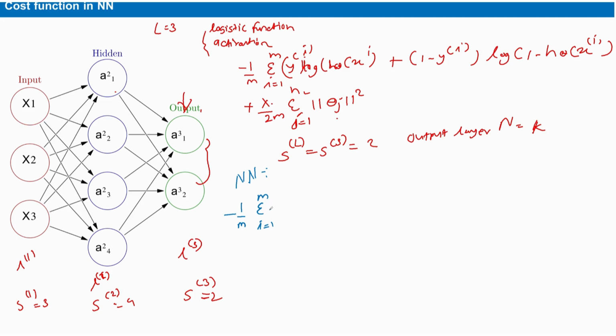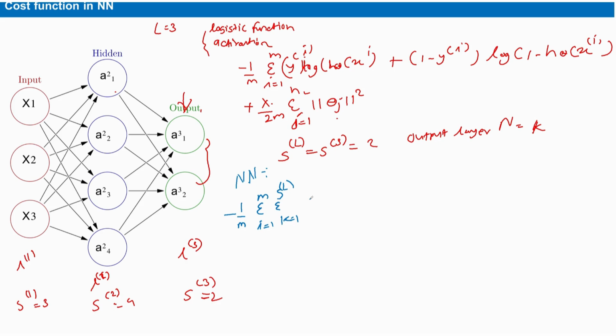Then, as I said, we need to consider the number of neurons in the last layer, so we need to iterate over that also. So summation of k equals 1 to the number of neurons in the last layer, which is represented by S_L, where L denotes the last layer.